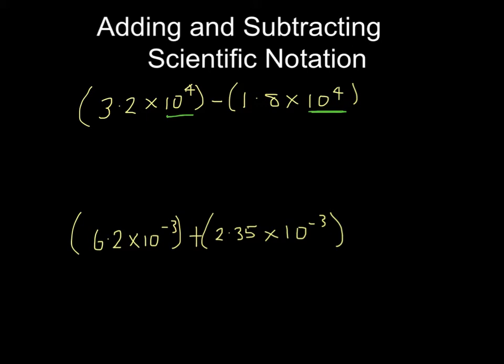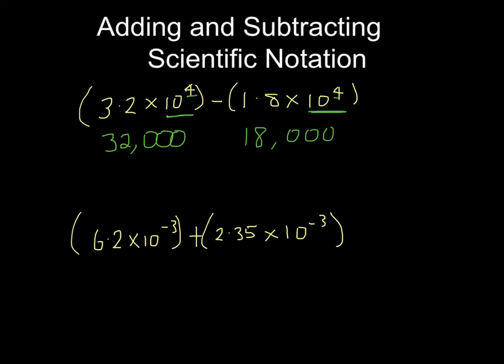So if you really think about these two numbers carefully, 3.2 times 10 to the power of 4 is really 32,000. 1.8 times 10 to the power of 4 is really 18,000. That's moving the decimal place 4 times.